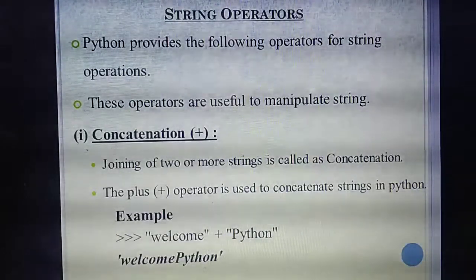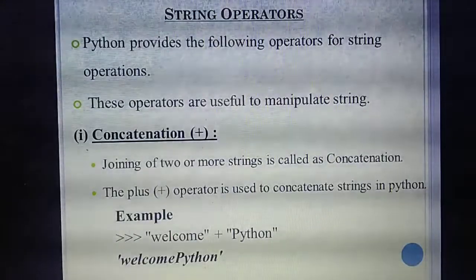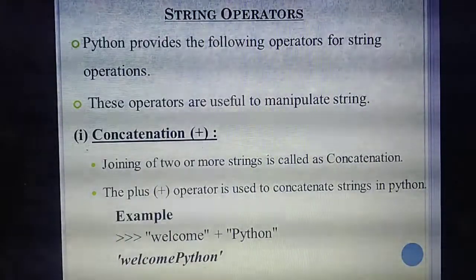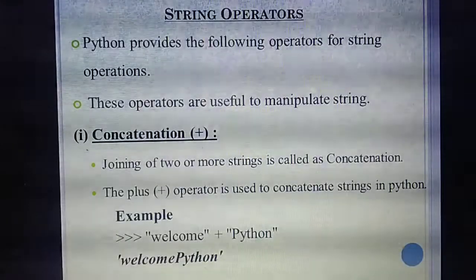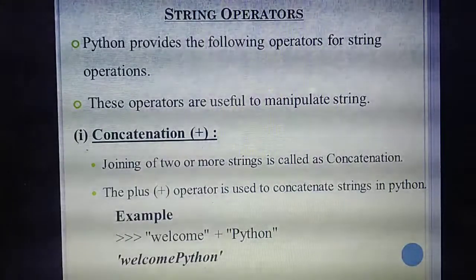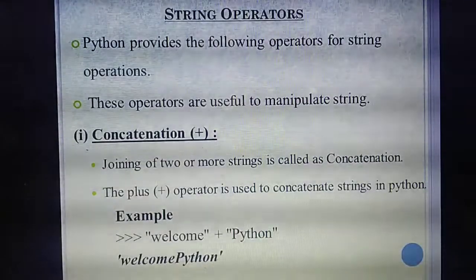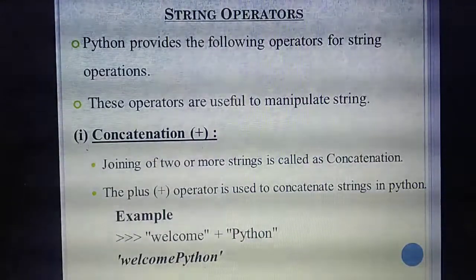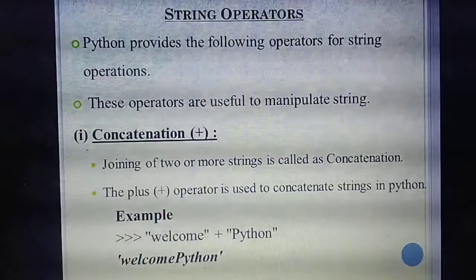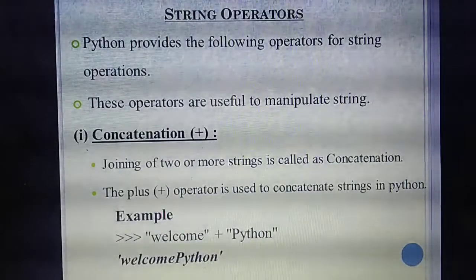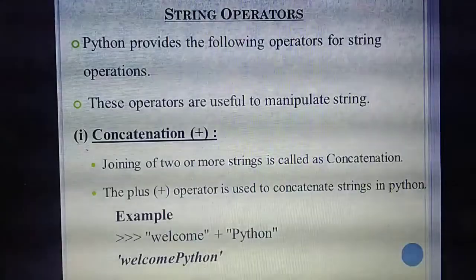Using these operators, you can manipulate the string. What do you mean by manipulation? Modifications. You can do some modifications, or add something or include something in the string. Python provides some operators to manipulate strings.